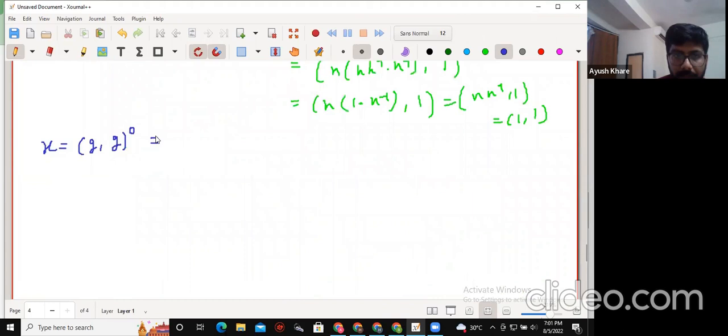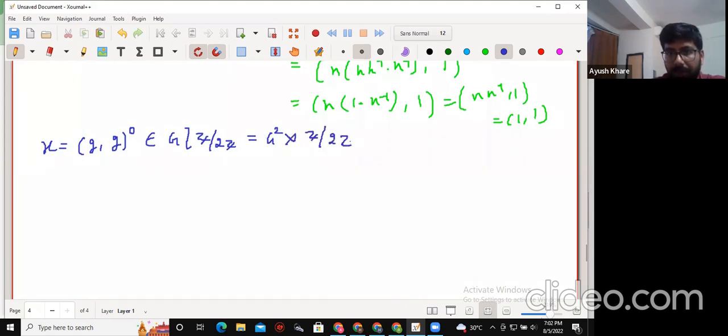Okay. So it belongs to G square semi-direct product with Z mod 2Z. So it should be a 3 tuple. Yes, so it's actually G comma G comma 0. So you can see it's a 3 tuple.